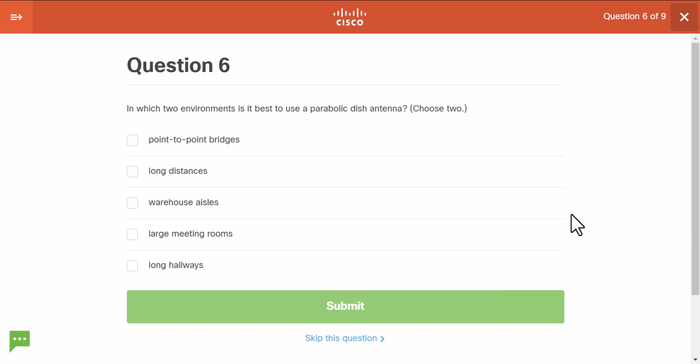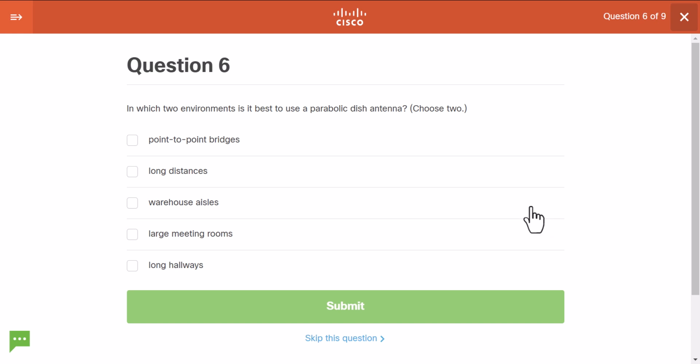In which two environments is it best to use a parabolic dish antenna? A parabolic dish antenna creates the narrowest beam, which is best for just one single receiver.